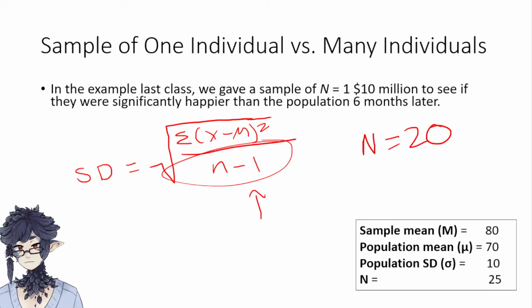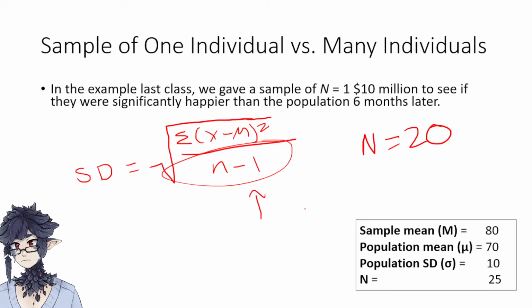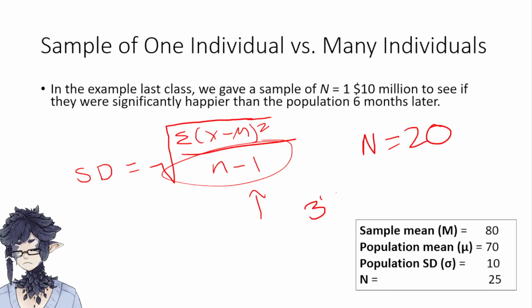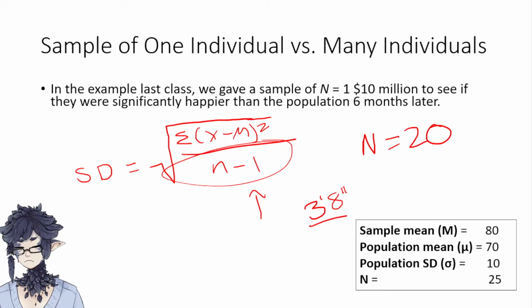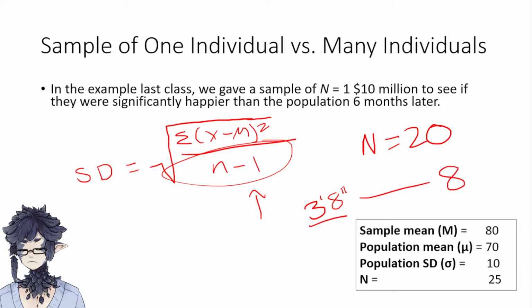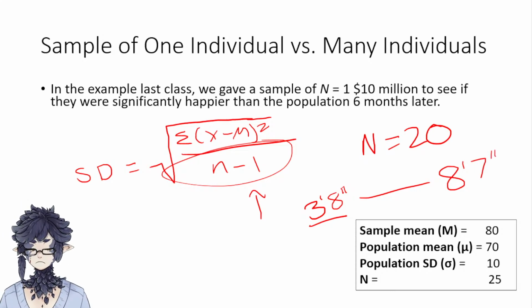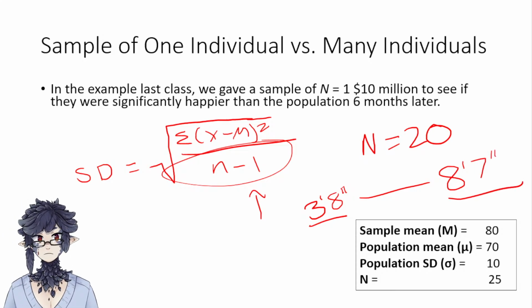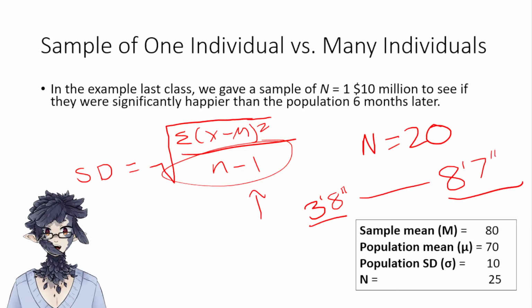We know that the true range of heights for adult humans is something like, I think, 3 foot 8 inches for the shortest person, and 8 foot 7 inches or something like that for the tallest person. The true range of height in adult humans is incredibly big.